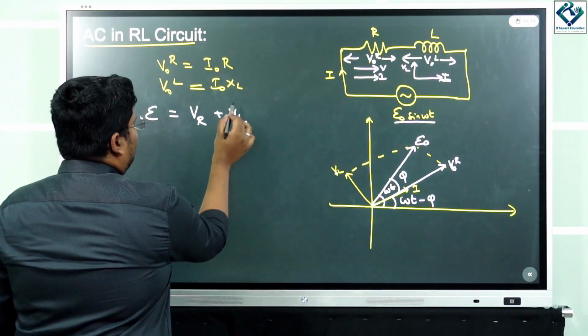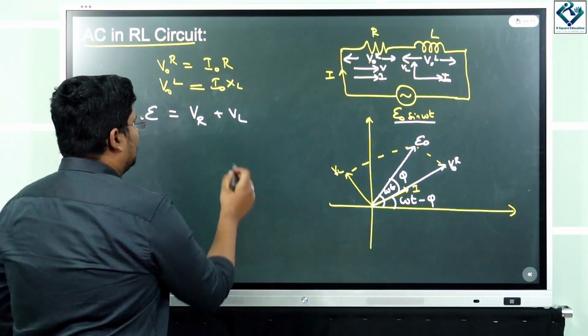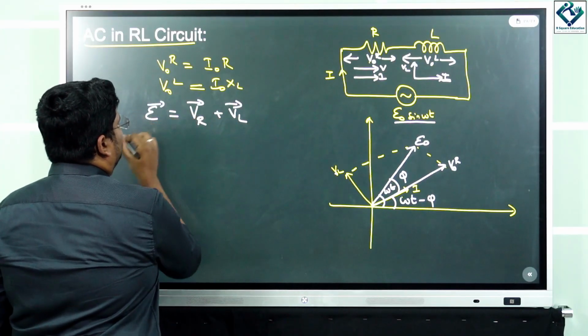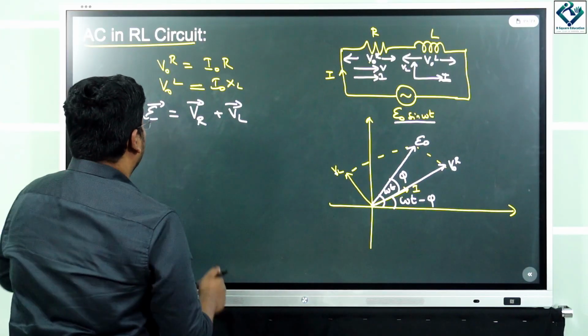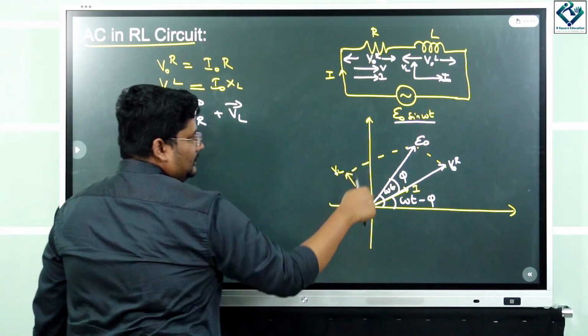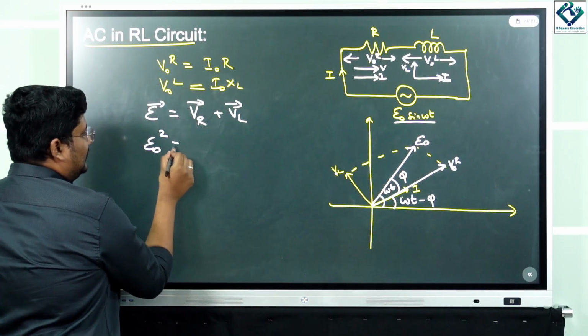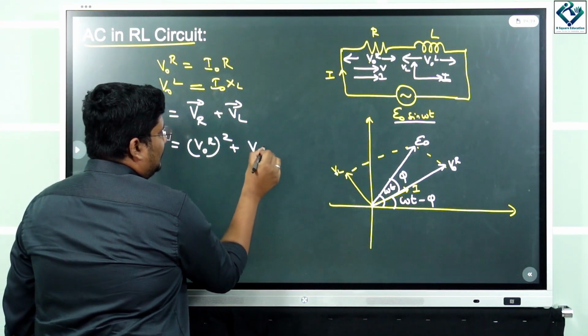Since it is a rotating vector, we can calculate it as vectors also. So now according to Pythagoras theorem, E naught square is V naught R the whole square plus V naught L the whole square.